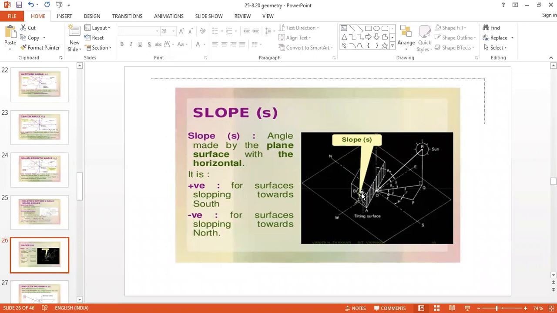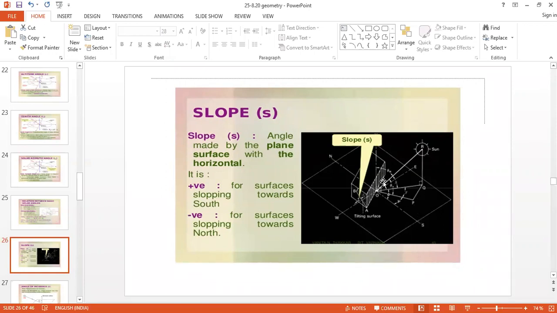Positive is for surfaces sloping towards the south side, and negative is for surfaces sloping towards the north side.